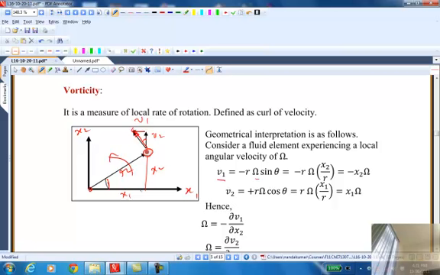And then we are decomposing that velocity into v1 and v2 from the angular velocity. The angular velocity is what? Omega times R is the velocity, correct? And that is being decomposed into a horizontal component, which is omega times R times sine theta, and a vertical component, which is omega times R times cos theta. So that is where this is coming from. The velocity of the fluid element rotating at angular velocity omega is omega times R, and then you decompose that into two parts.